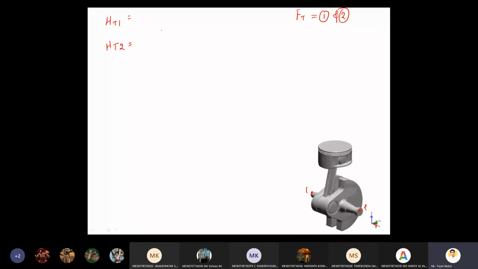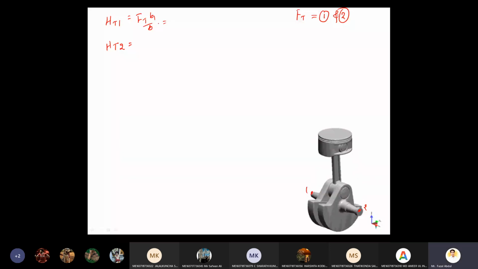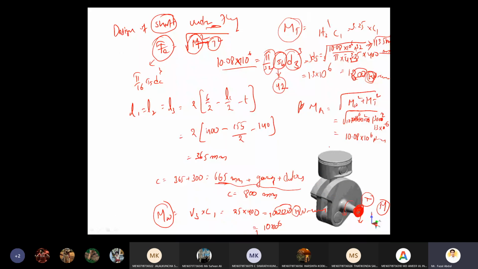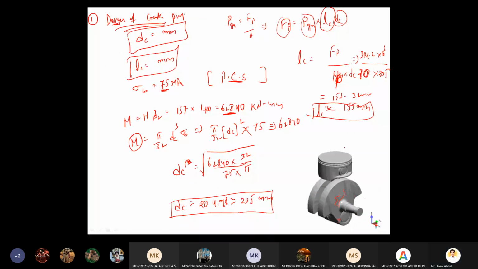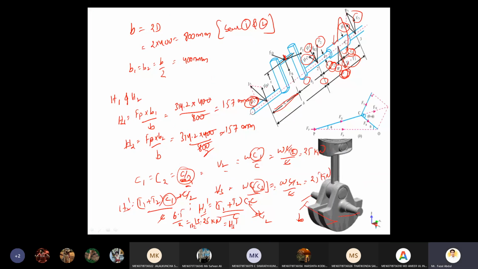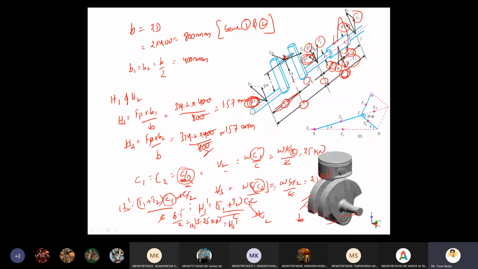These equations we already derived in the design procedure. So the equation I directly write is Ft into B1 by B. What is B1? We already solved this, but I want to show again. See here, this is HT1, this is HT2, this is B1, B2.